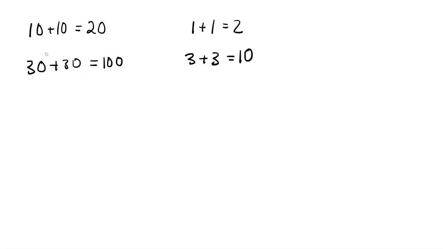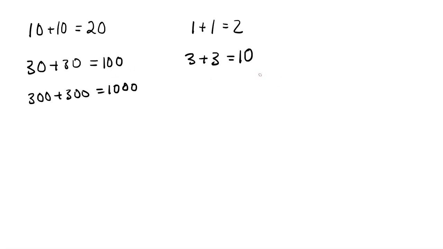So you see that the normal rules apply. If I have zeros, for example, if I would have 300 plus 300, 3 plus 3 is 10 in base 6, and then adding 2 zeros. So the same rules work here: if I have numbers that end with zeros, I should just add them to the end. But I have to keep in mind that the normal addition doesn't work the same way as in our normal base 10.